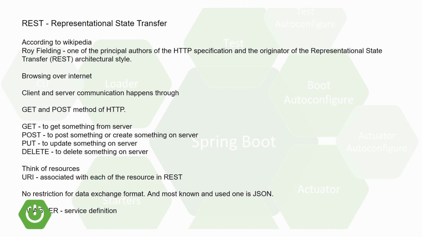All these, whatever we are talking about right now, are called resources. If you want to create an employee, then you have to go for a certain URI. If you want to fetch some employee data, then you have to go for a certain URI. So everything you have to think of in terms of URI in REST. We will discuss more when we do the practical.